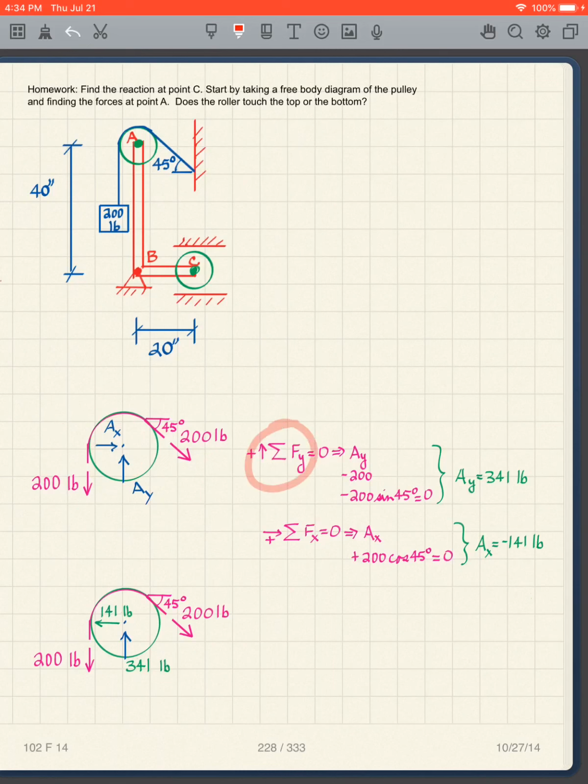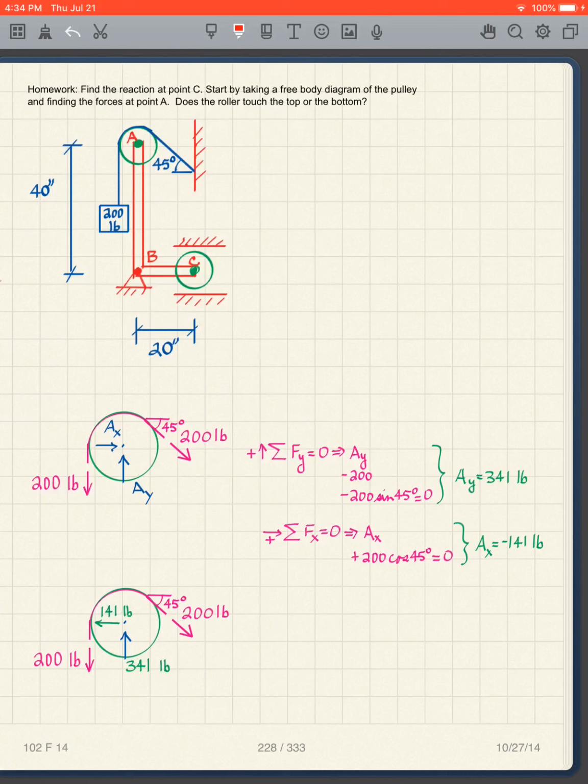I take the sum of the forces in the y direction equals 0, and that means I've got the AY going up, I've got the 200 going down, and then I have this 200, which of course has the angle 45, so it's going to be sine 45 because we're looking at the y direction.